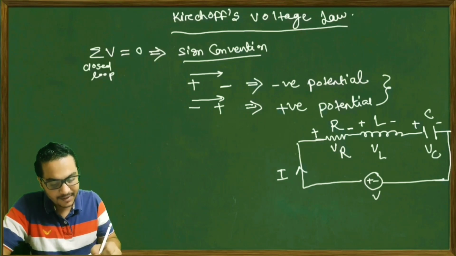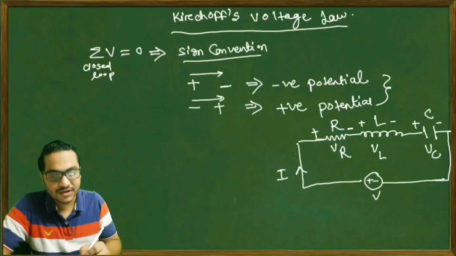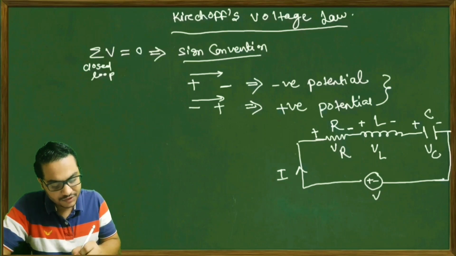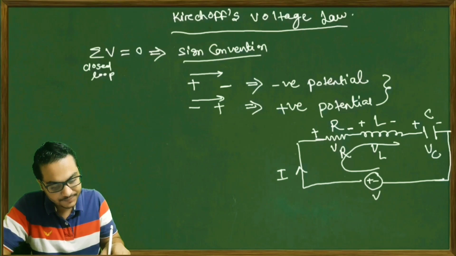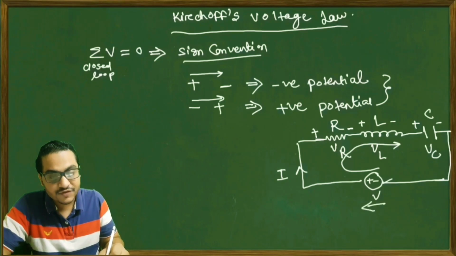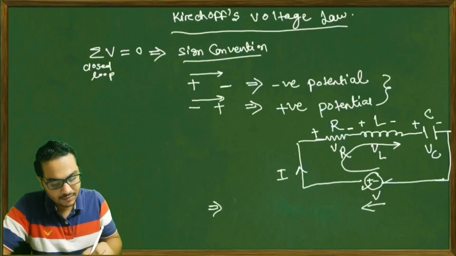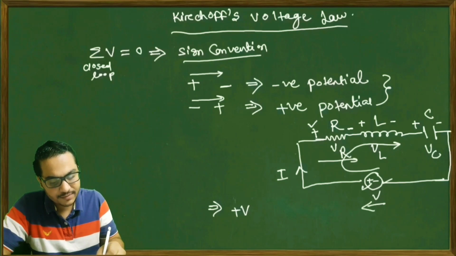So let's apply Kirchhoff's voltage law. By Kirchhoff's voltage law, the loop direction is just like that. Here we are moving from negative to positive, so the potential is plus V. Now here we are moving from positive to negative, so this is negative, and the voltage drop across resistance is VR.